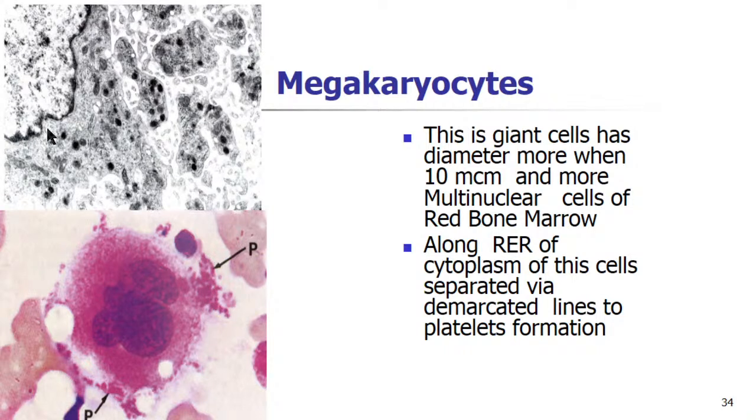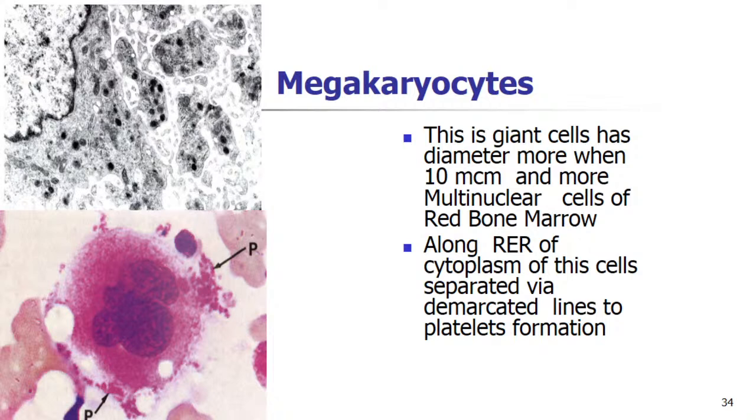Here the nucleus of a megakaryocyte is also visible, and the component of cytoplasm which is separated via demarcation lines into platelets. Ordinarily these demarcation lines are the result of long rough endoplasmic reticulum. In the cytoplasm, these cells are separated.